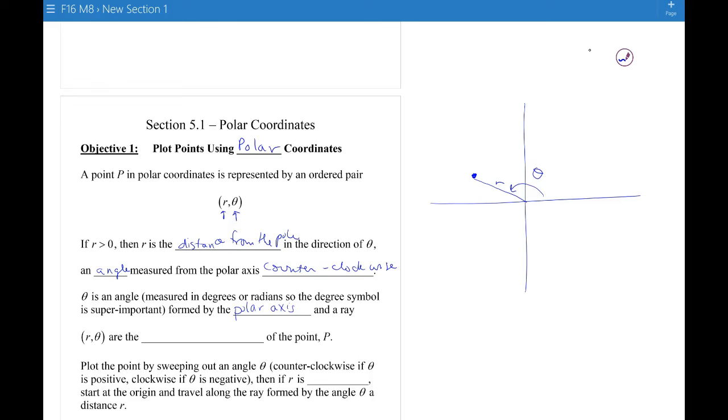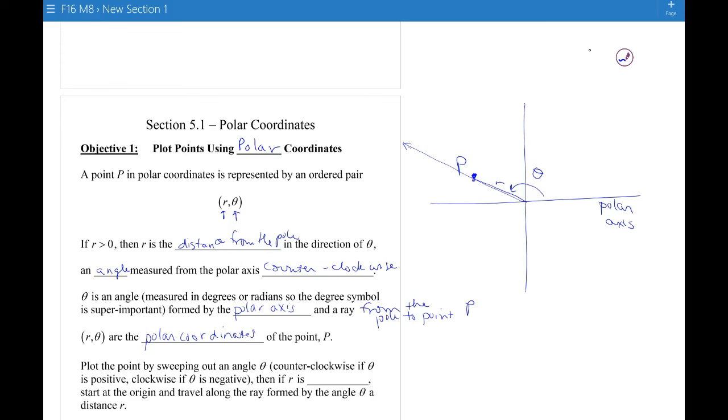It's the ray from the pole to point P. So this is your point P. This is the ray going through point P. And θ is the angle from the polar axis to that ray. So r and θ are the polar coordinates of the point P.